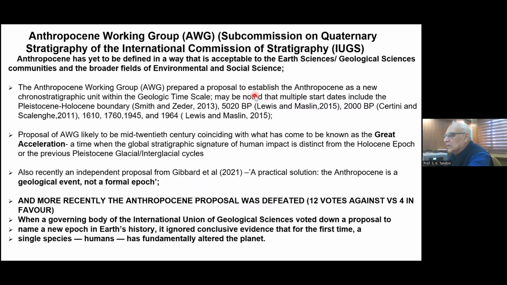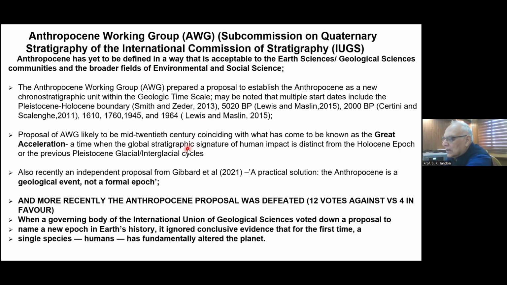Now, because of all these debates, around 2010, the Anthropocene Working Group was set up by the Subcommission on Quaternary Stratigraphy of the International Commission on Stratigraphy. And the Anthropocene Working Group prepared a proposal. I will not go into the history. It worked for several years, 12, 13 years.